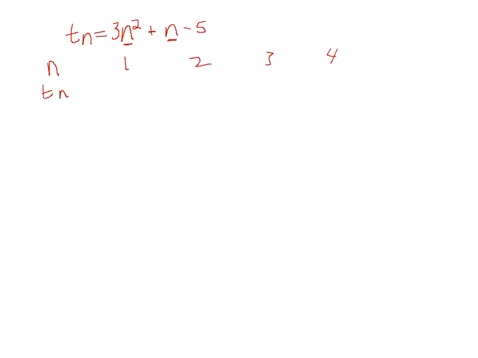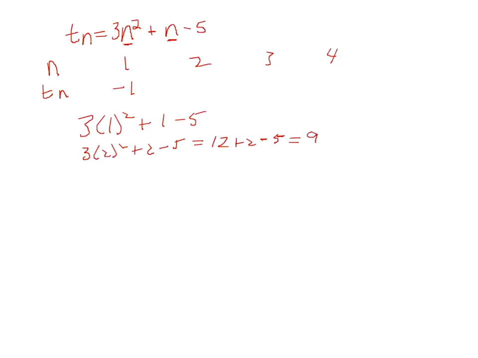Tn, to find that, I'm gonna plug in the n value in all these spots. So the first one here is going to be 3 times 1 squared plus 1 minus 5. So what I have here is 1 squared is 1, times 3 is 3, plus 1 is 4, minus 5 is negative 1. That would be the first term. When I plug in n equals 2, I get this equation. 2 squared is 4, times 3 is 12, plus 2 is 14, minus 5 gives you 9.